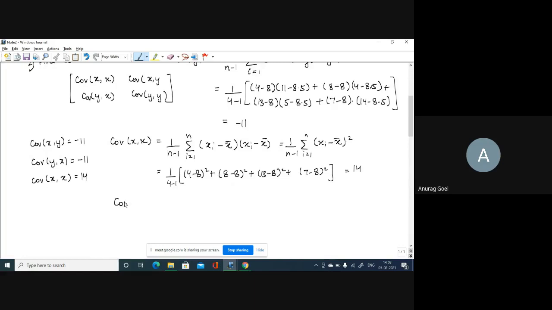Similarly, you can get covariance of y comma y equal to 1 by n minus 1, summation over i equal to 1 to n, yi minus y bar square.